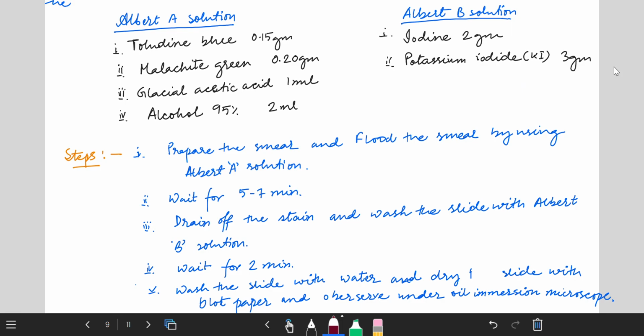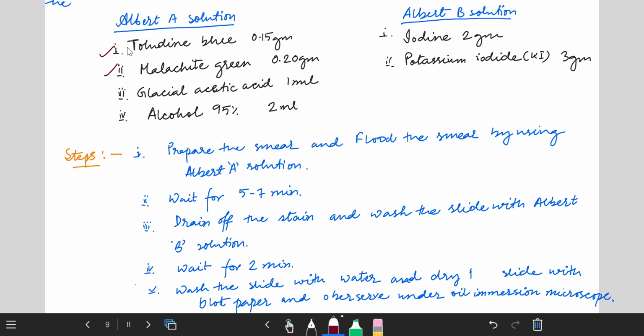Now how will we prepare Albert A solution and B solution? To prepare Albert A solution, first dissolve these two dyes, toluidine blue and malachite green, in alcohol and add to the distilled water and acetic acid. After adding, allow the stain to stand for 1 day.